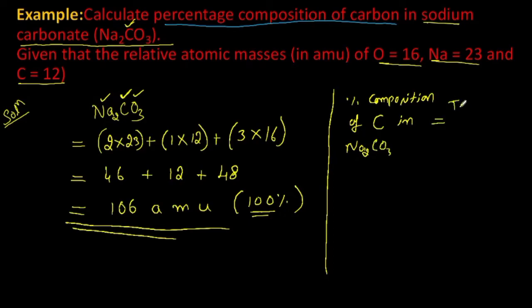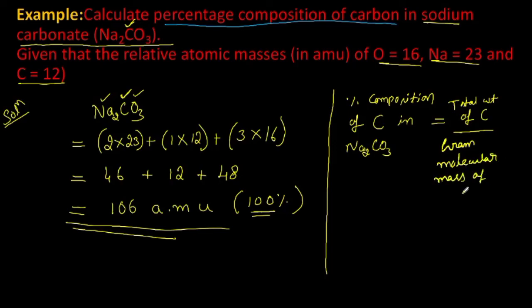Okay, it is the total weight of carbon because we are finding it for carbon element, divided by gram molecular mass of sodium carbonate, that is Na2CO3 into 100 equal to.